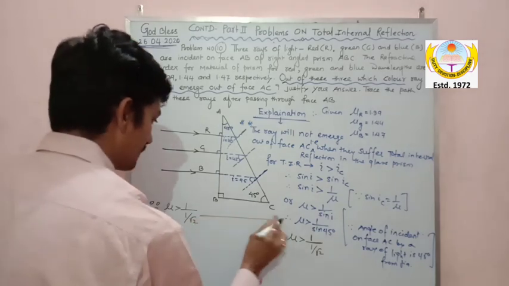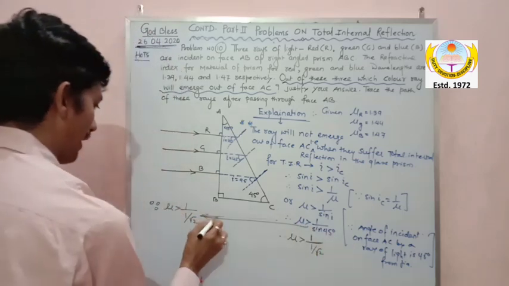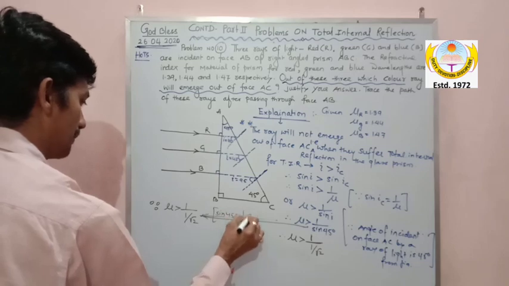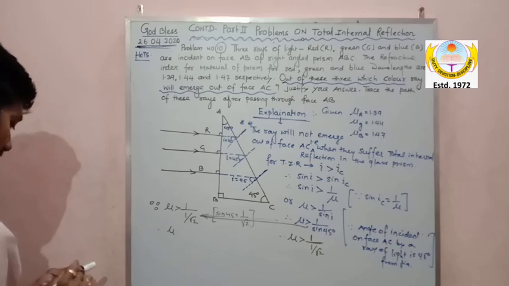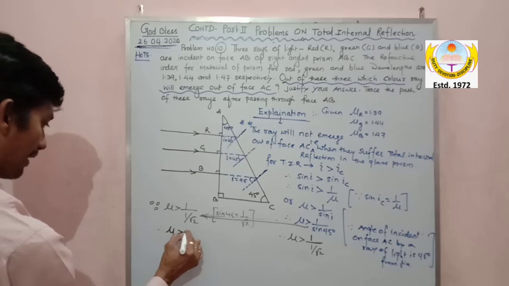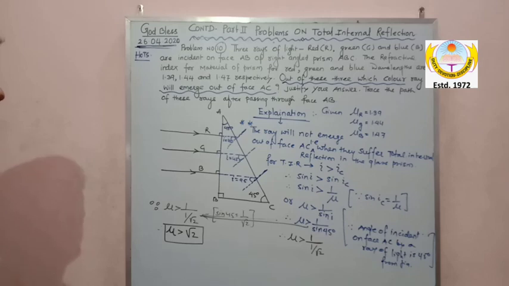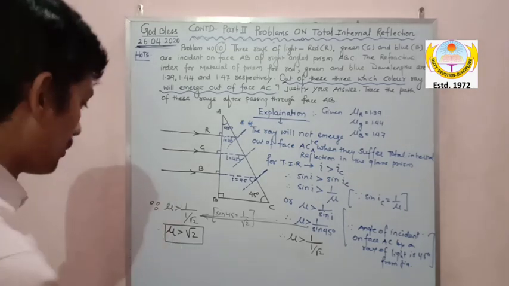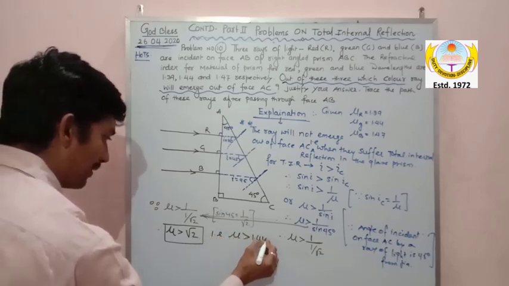Therefore mu is greater than root 2. So what is the meaning of this? Whose refractive index is more than root 2? That is, mu is greater than 1.41.